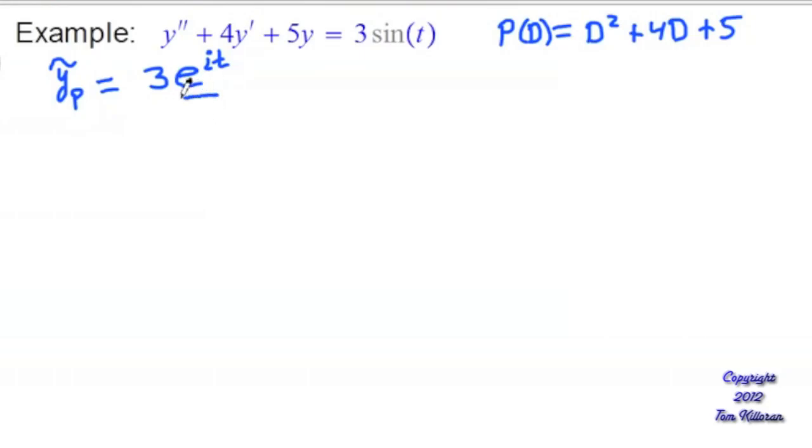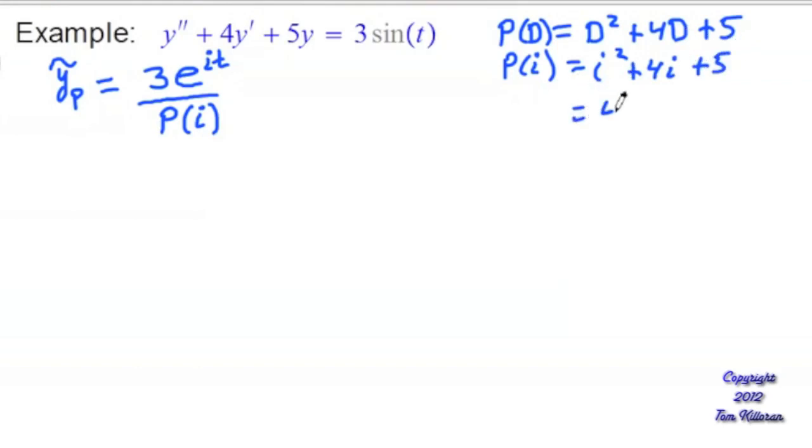Of course, this is going to get divided by p of D. Well, in this case, D is just plain old i. So we come over here and we find p of i, which is equal to i^2 + 4i + 5, for a grand total of 4 + 4i. And since it has a common factor, I'm going to write it as 4 times (1 + i). It makes life easier later, but not necessary.